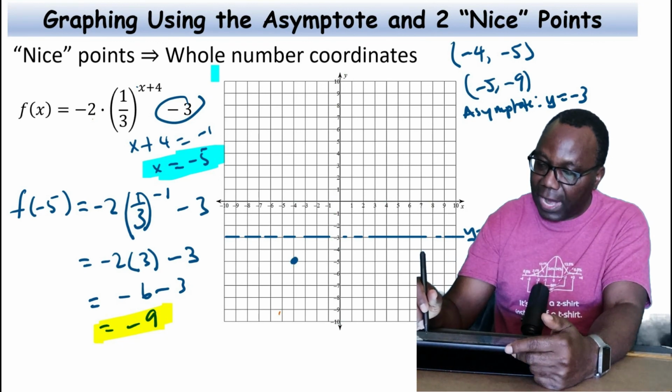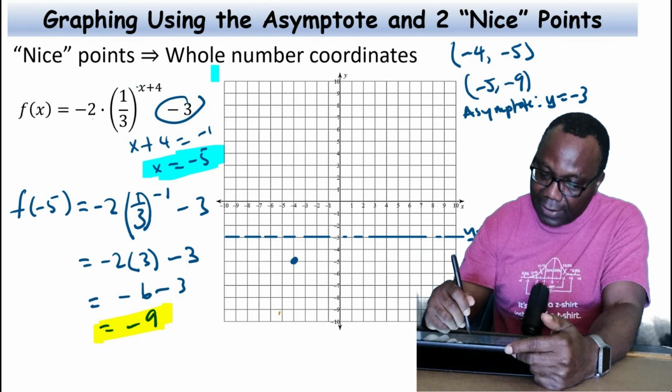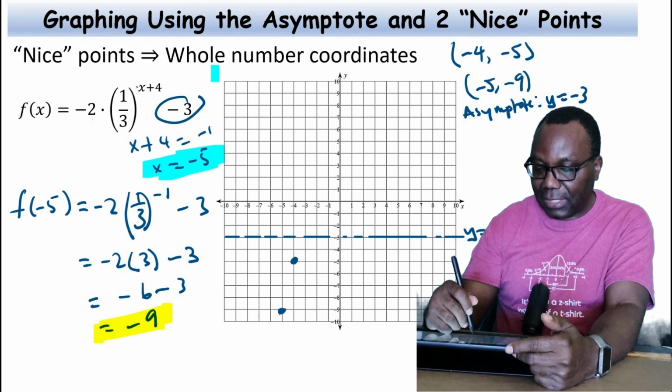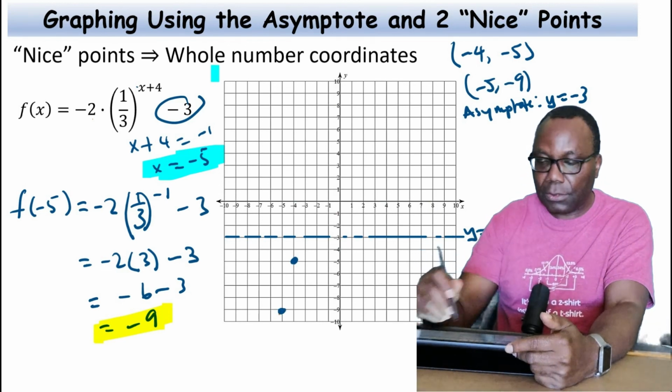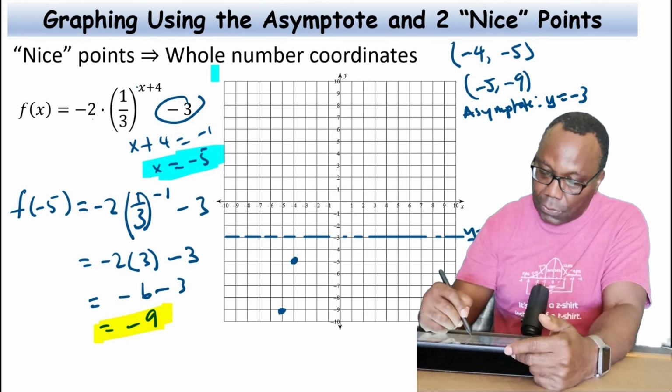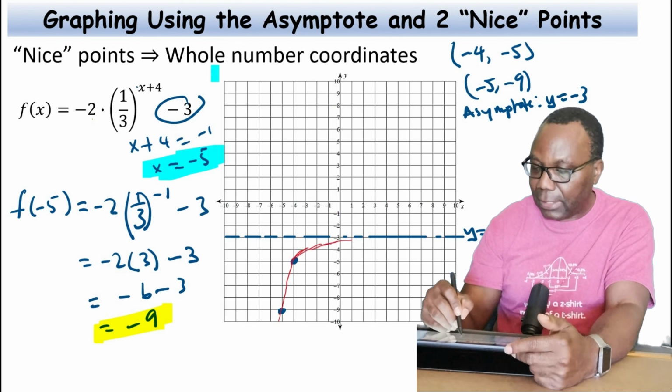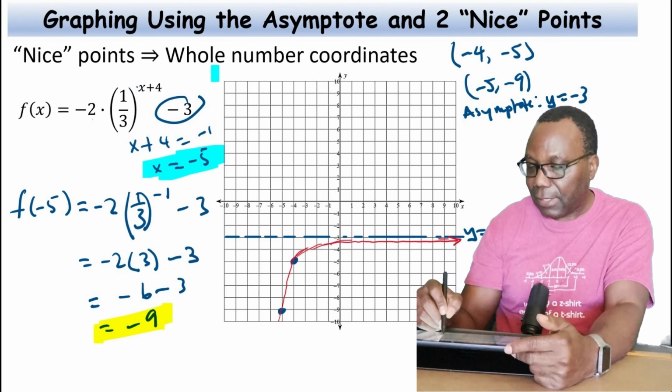And then (-5, -9) will be right there. You can see that the graph is going to go along the asymptote. So the only way to go would be to go like this. It has to go like that and then turn and then go like that.